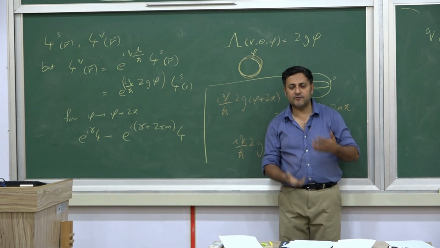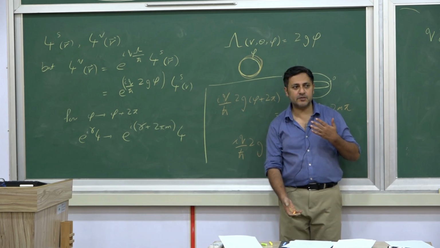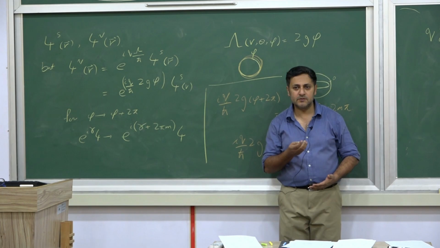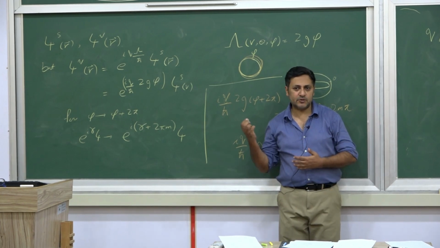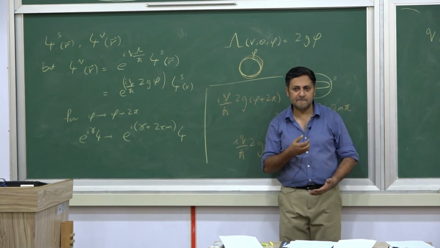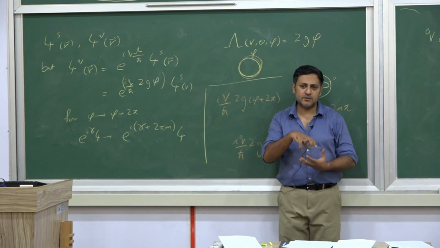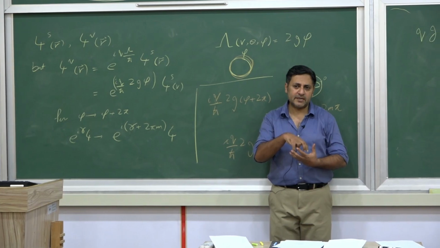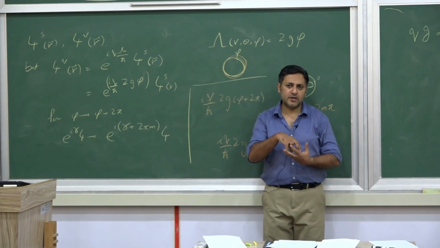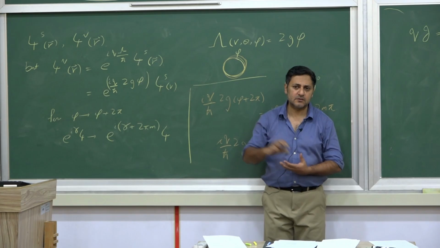You always have a choice. Either you have a problem on the north pole or on the south pole. It's the same thing. You can do the same kind of analysis there: you have to choose either the upper one or the lower one, and the two are connected with each other through this kind of gauge transformation.